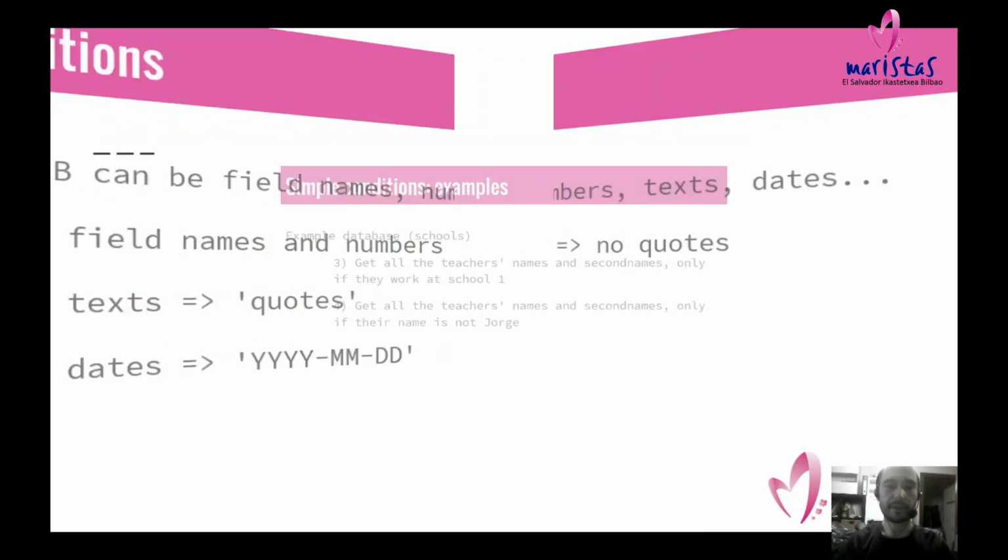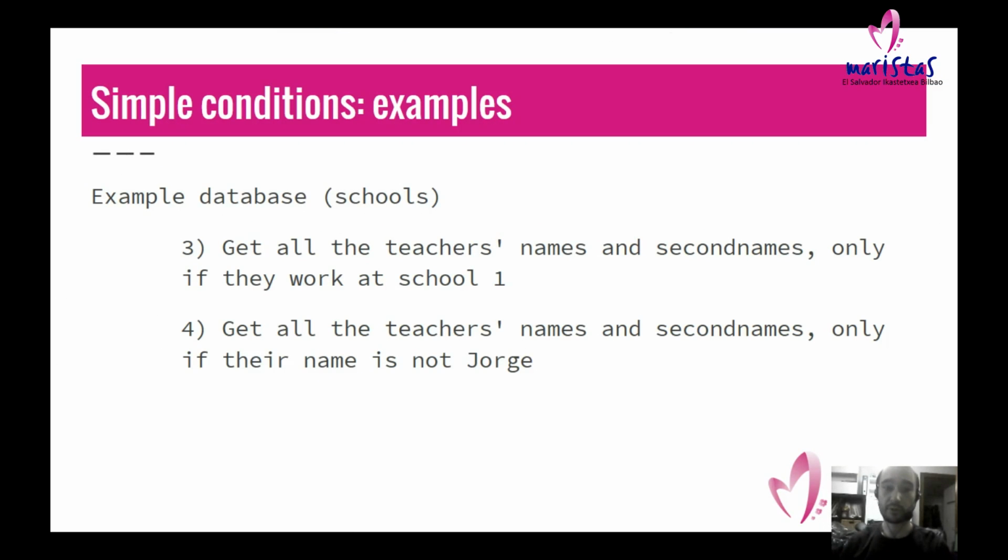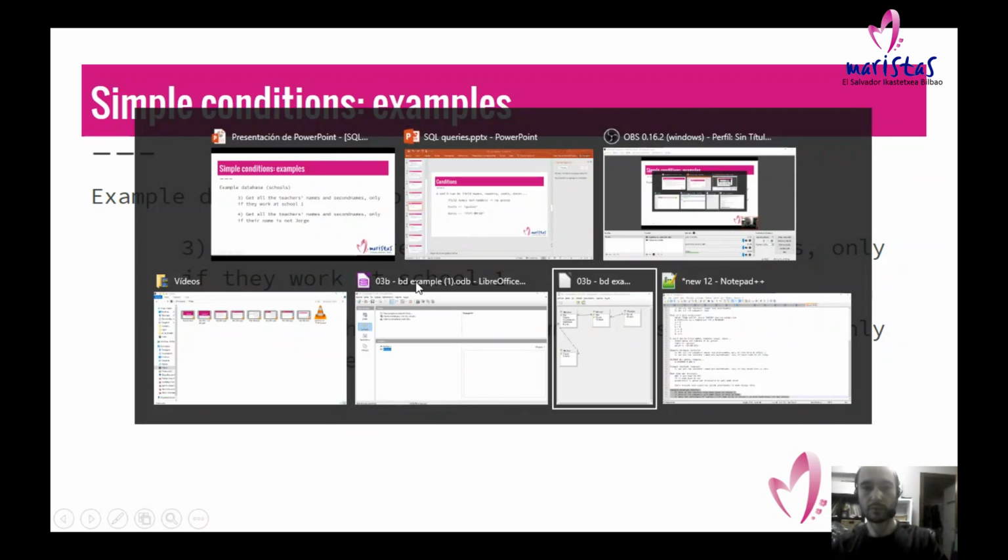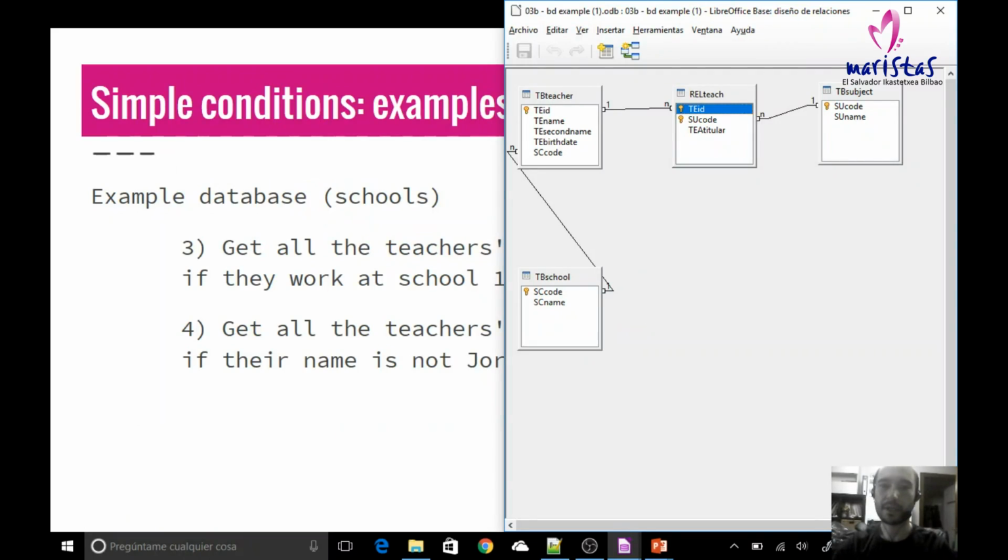Let's create a couple of queries with simple conditions, okay? First, we are going to get all the teachers' names and second names, but only if they work at the school 1. Let's go to our relationships. Okay, we want to get T name and T second name. These are our fields from TV teacher, and we have a condition.